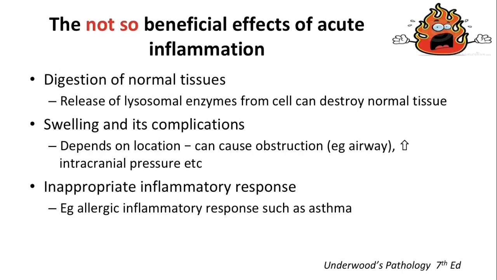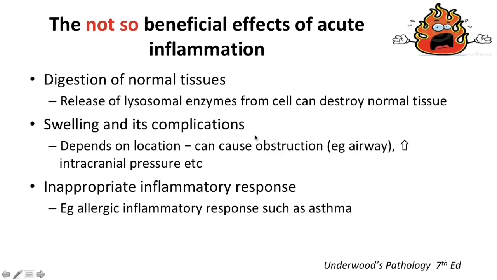We talked about how acute inflammation is actually beneficial, something that we want to happen, but at the same time, you can get side effects of it, the not so desirable effects. This includes the possibility of damage to normal tissue because of digestion of normal tissues by release of lysosomal enzymes from the inflammatory cells.